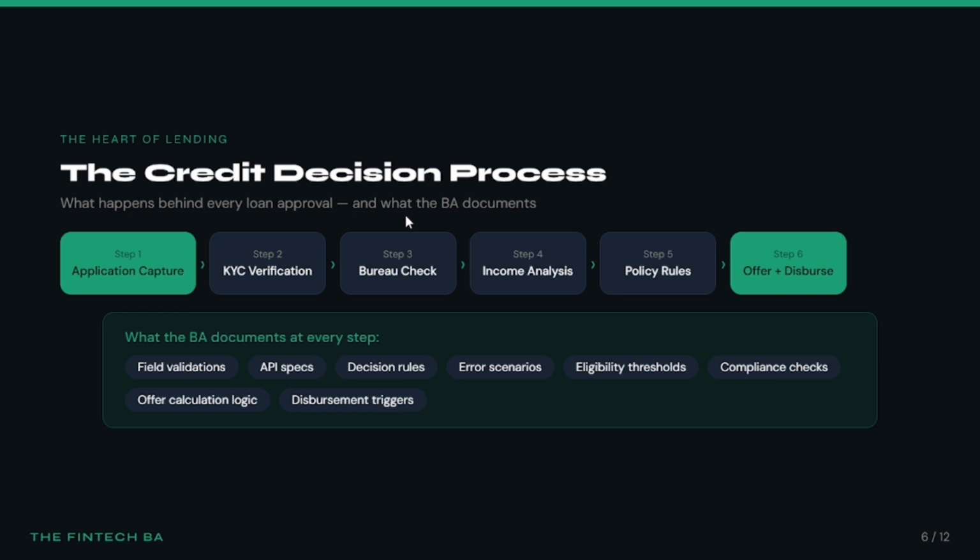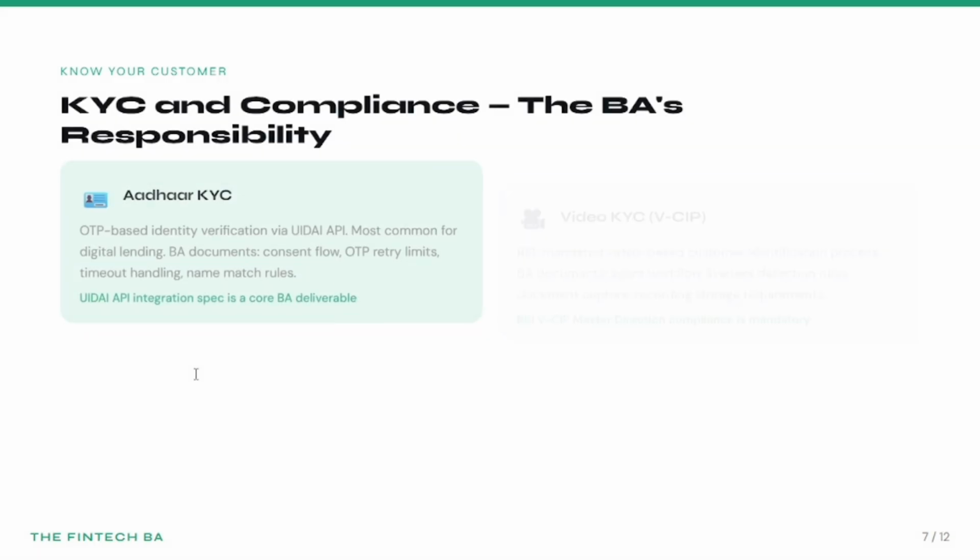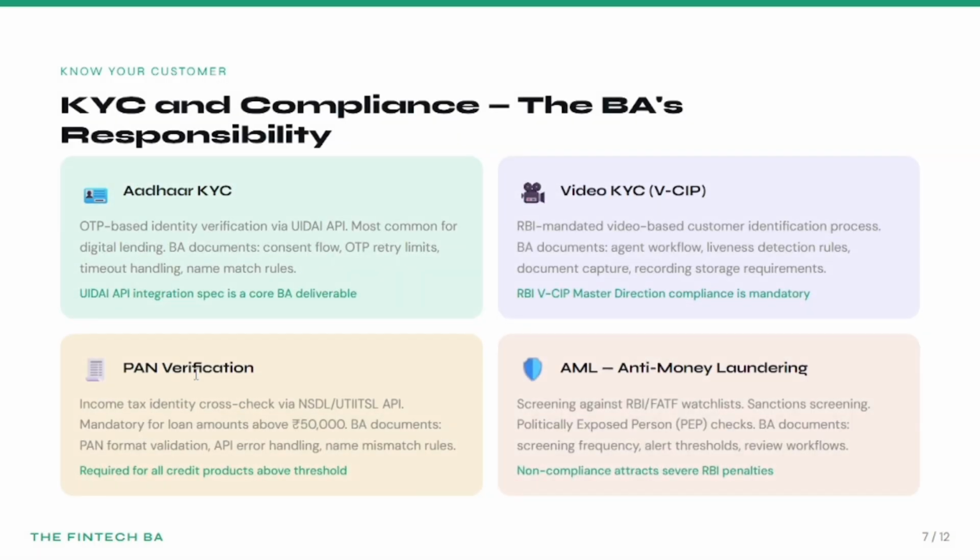While running these steps, multiple logics are running behind them, which I would say the BA might have already written documents for, or the BA is supposed to write when they are building new systems. Now moving on, KYC and compliance, the BA responsibilities.